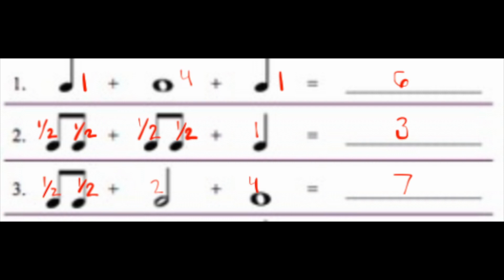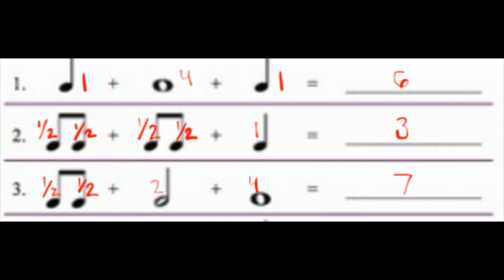For number 1, the first note is a quarter note, so that equals 1. The second note is a whole note, so that equals 4. And the last note is another quarter note, so that equals 1. 1 plus 4 plus 1 equals 6. For number 2, you have 4 eighth notes next to each other, with each eighth note equaling 1/2.